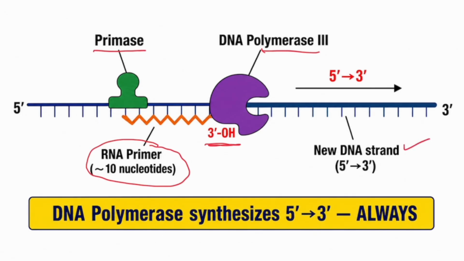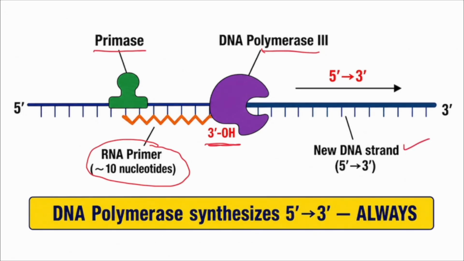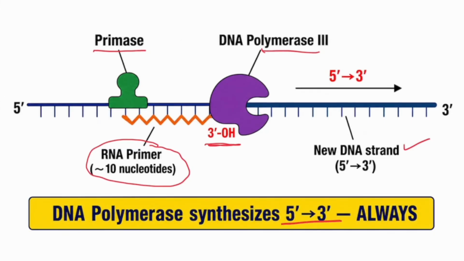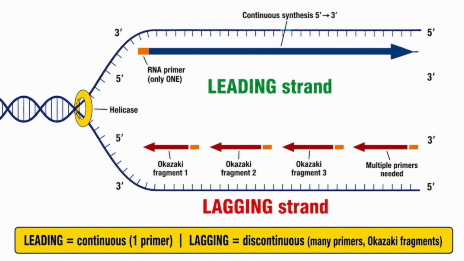And this is the most important rule in DNA replication. DNA polymerase synthesizes DNA only in 5' to 3' direction. Always, no exceptions. This one rule creates the entire leading strand and lagging strand concept. Think carefully. If DNA polymerase works only in 5' to 3' direction, what happens on the opposite strand? That strand cannot be synthesized continuously.